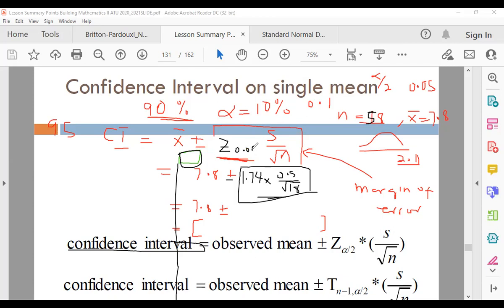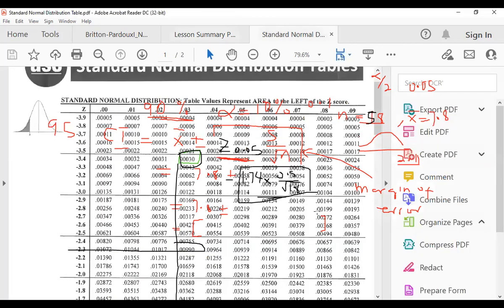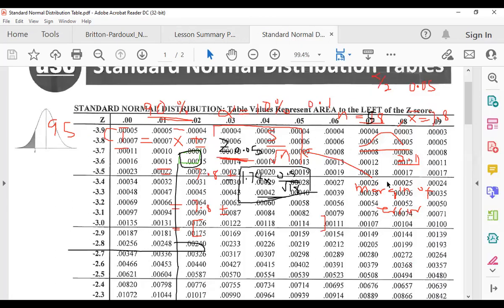So when you go to the Z table, because of the writings, it might be difficult for us to see.